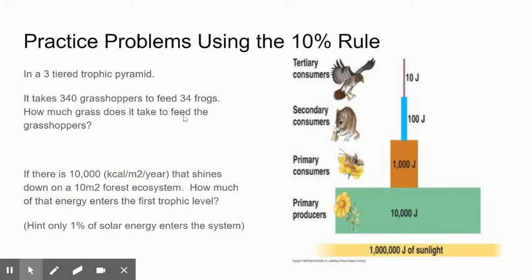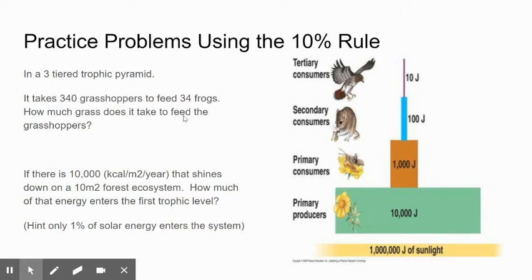Then you have a multiplication sign, and then you're going to have how much grass. You'll put the grasshoppers on top as 340, and then have X underneath there. You cross multiply and divide, and that's how much grass you would need to feed the grasshoppers. All right.